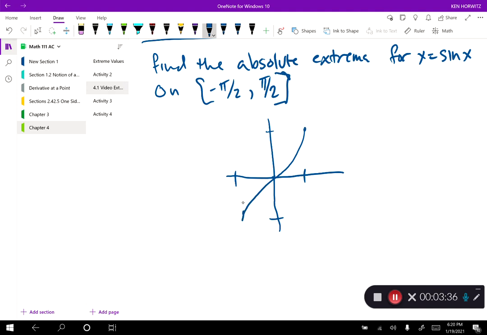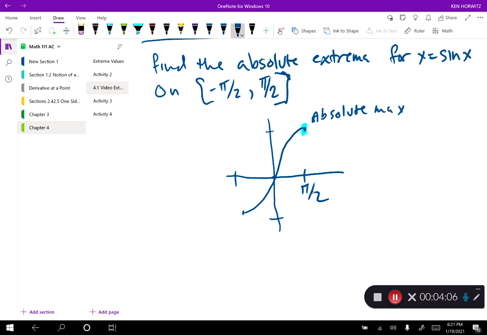actually, you know what? That's kind of the wrong way. There we go. That's a lot better. I wanted to get the curve right, but it still doesn't matter. The absolute maximum is right here, because this is pi over 2.